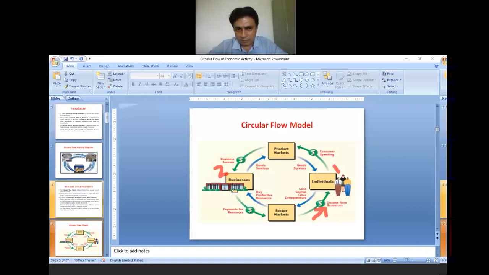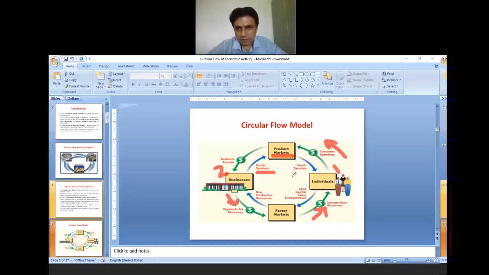In the same way, from the business, payment for resources is being given to the market, and ultimately income from resources is there. In the same way, businesses provide goods and services to the consumers through the product market, and the consumer is spending money to buy these products.